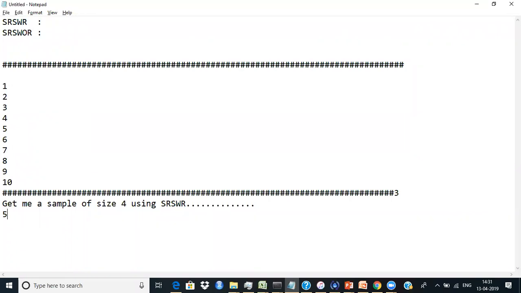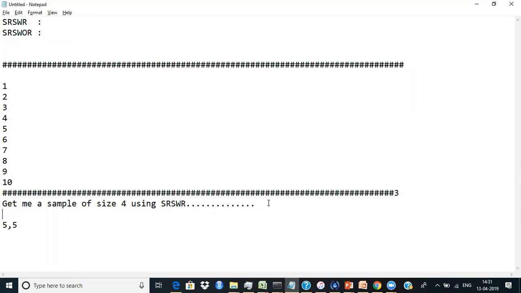So after every draw, you put back that value or that observation or that ball in this case into that population, right? So if you do that, what might happen is the next time that you draw, you might again get 5. So simple random sampling with replacement may result in a sample that has duplicate values. That is a disadvantage.